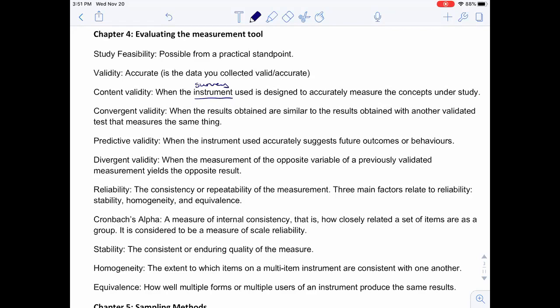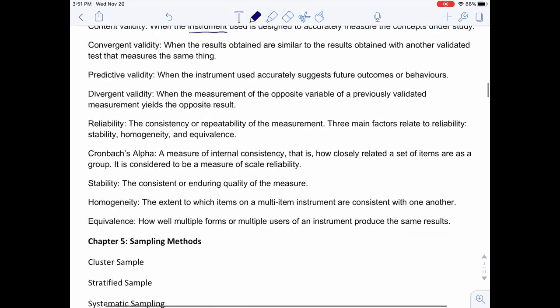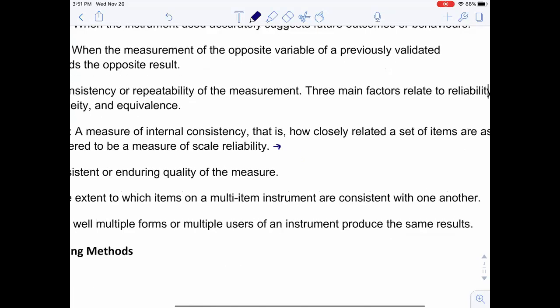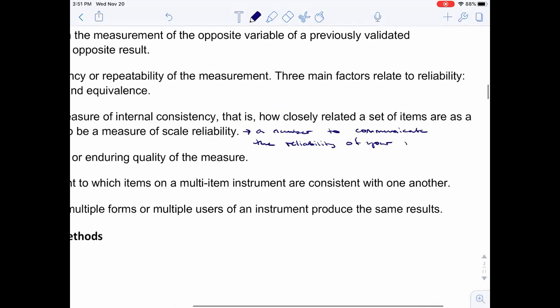So Cronbach's alpha is a number to communicate the reliability of your instrument. I guess we could just say the reliability. I'm going to leave it at that. So it's a number to communicate the reliability.